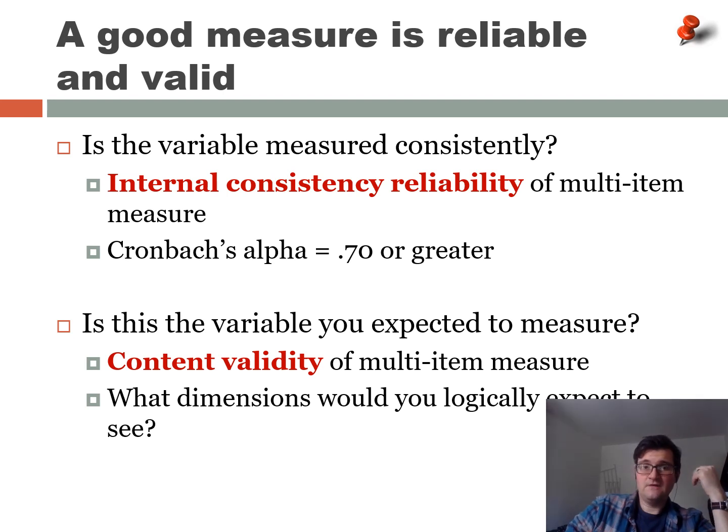And if we were using a measure as part of, say, a personnel decision, we'd want substantially greater reliability. The typical minimum for making a personnel selection decision using a psychological or survey type measure like this would be 0.9.